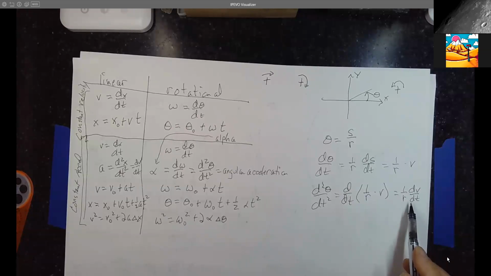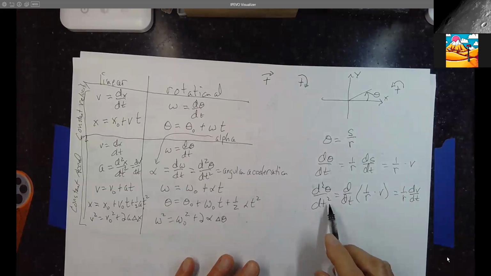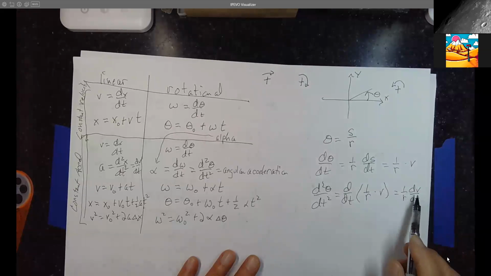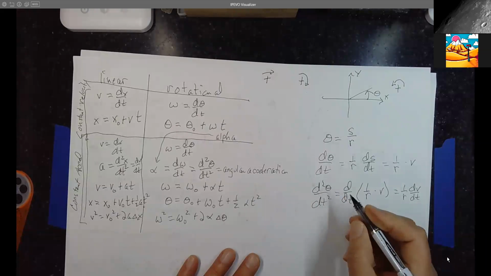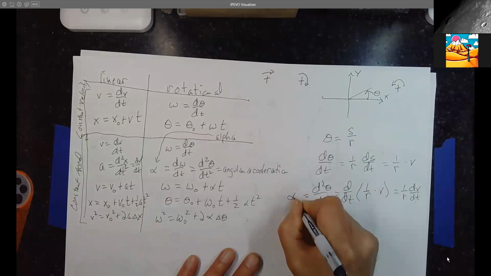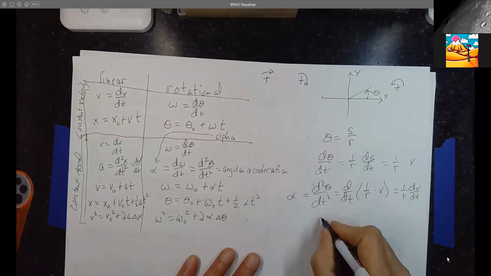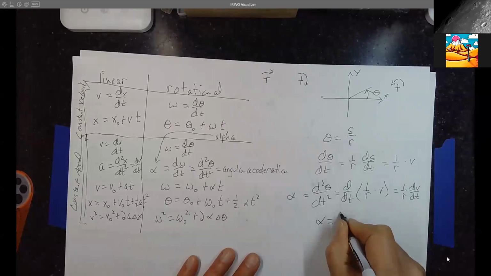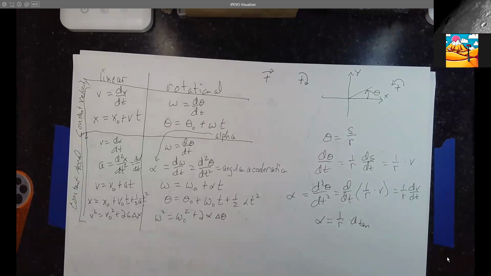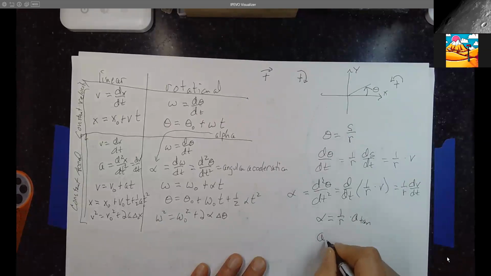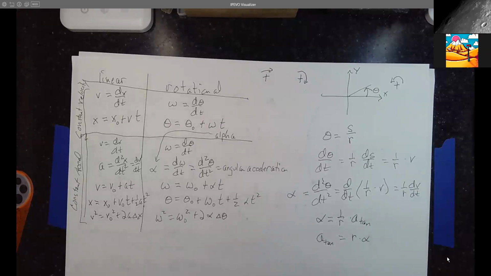When we were looking at circular motion, we called that the tangential acceleration. But this d squared theta dt squared is what we called angular acceleration. Turns out the angular acceleration is 1 over r times the tangential acceleration, or the tangential acceleration is r times alpha, the angular acceleration.